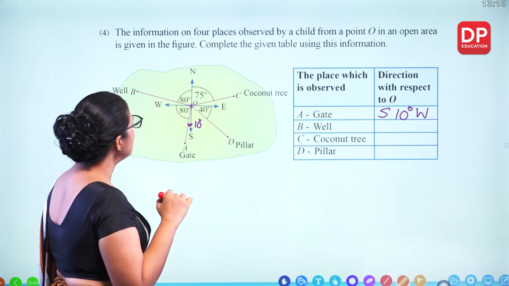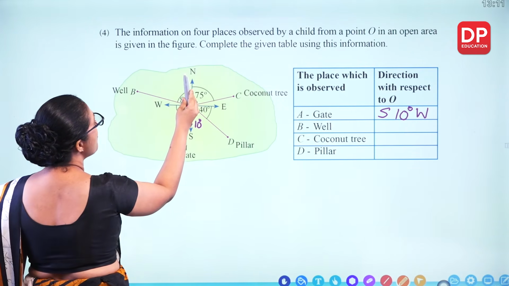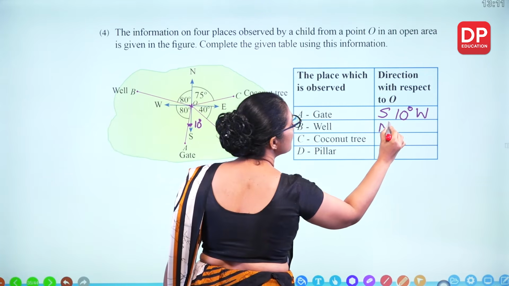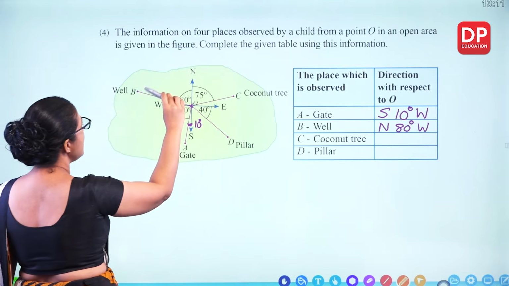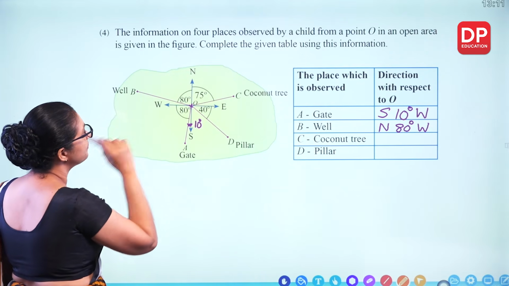What about the well? The well is here. So from north 80 degrees towards west. Coconut tree, this one.